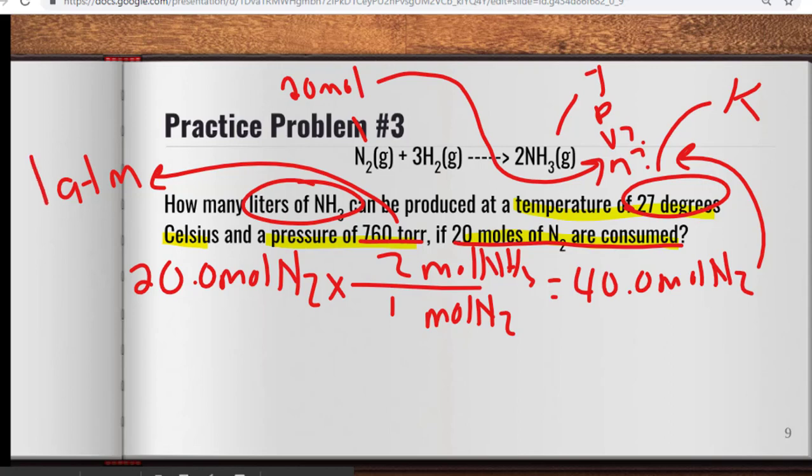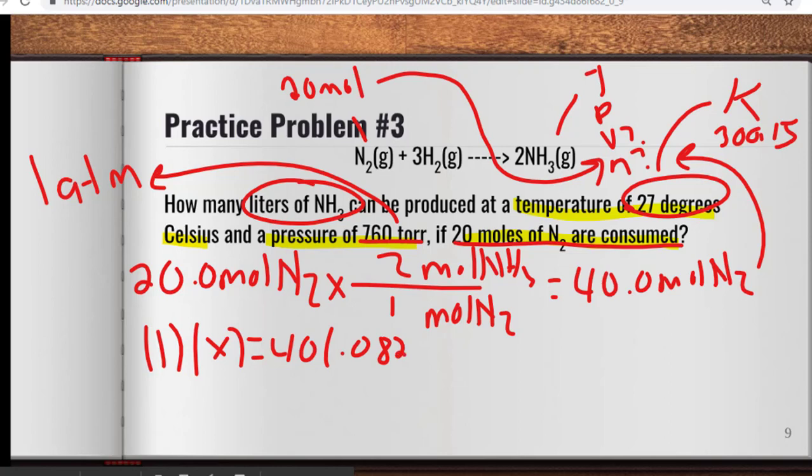And 27 degrees Celsius is going to end up being 300.15 Kelvin. So we can plug those into PV equals nRT and solve for our volume. So P, pressure, 1 atm, volume, which is unknown, equals n, 40, R, 0.0821, and T, temperature, 300.15.